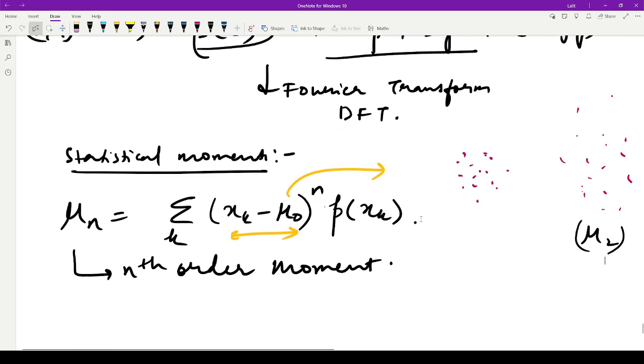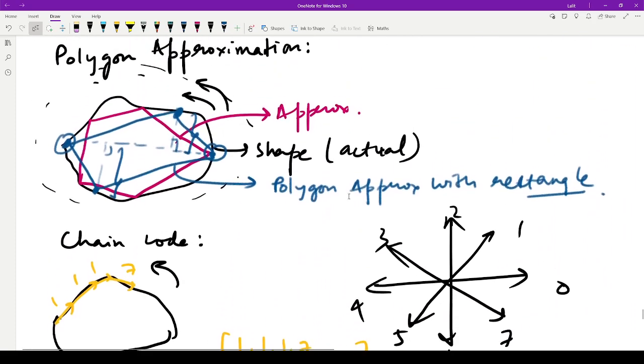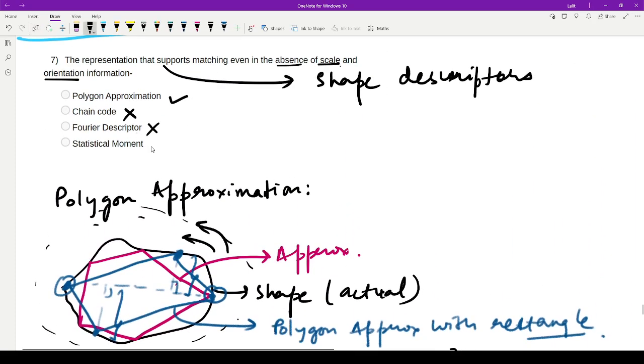Again, now if you see for the rotation part, with the rotations, these specific values will change, xk and mu k. So ultimately, mu1 will also change. So with all of this, we conclude that even statistical moment does not support matching in the absence of scale and orientation.